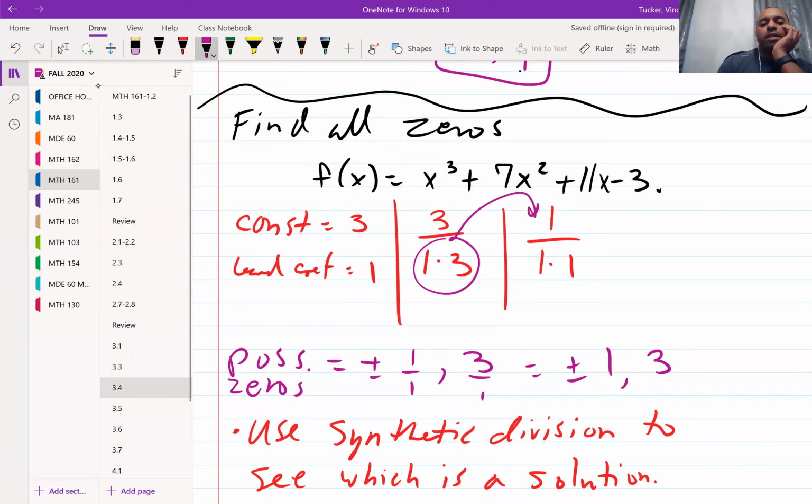We find our constant, which is 3, and place the factors over the factors of our leading coefficient. Our constant is 3, leading coefficient is 1. So we just place 1 over 1 and then 3 over 1. We had a short list this time, and here are our possible zeros.